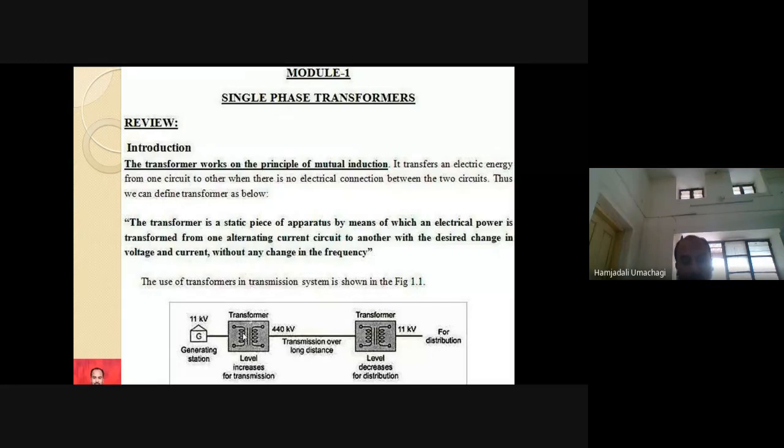It might be a step-up or step-down transformer, but at the generation side we usually use a step-up transformer. It will increase the voltage level from primary to secondary.